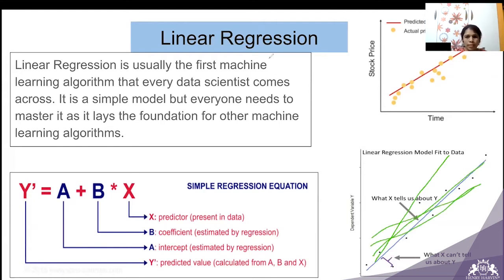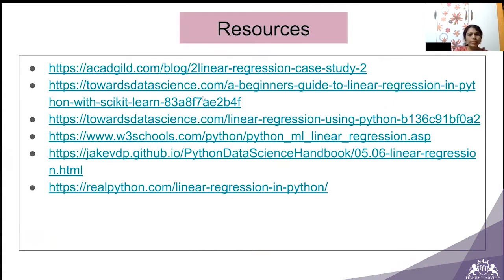By building a model, we will try to identify which line is the best line that gives us very good performance. Here there are some articles given, and since you have LMS access, you can go through them.